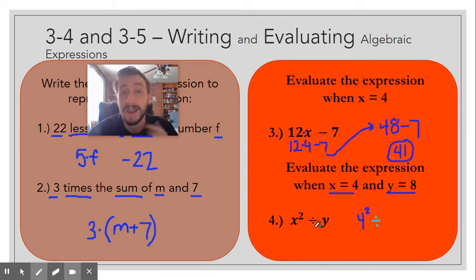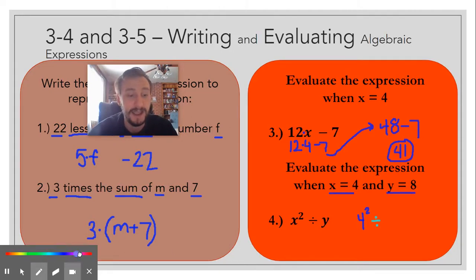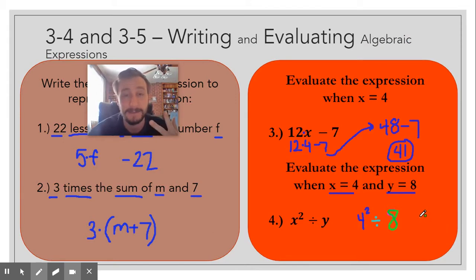Y is now 8 because I'm going to substitute in 8. So y came out, 8 went in. Here's my new problem. 4 squared divided by 8.